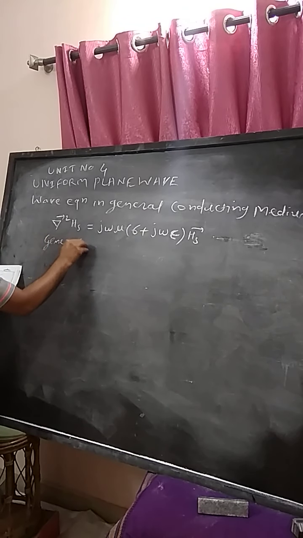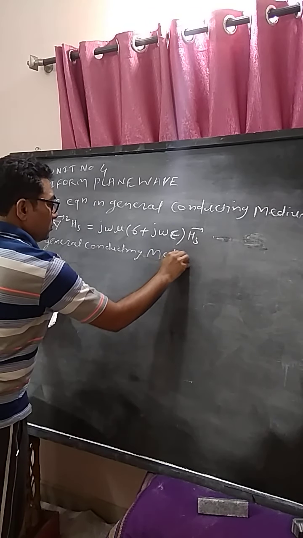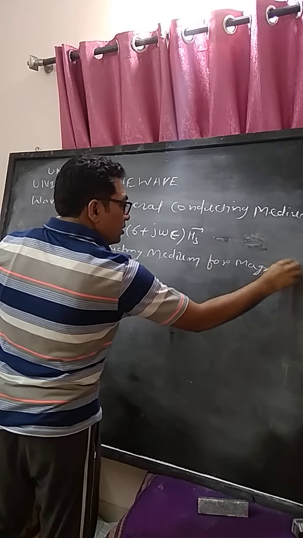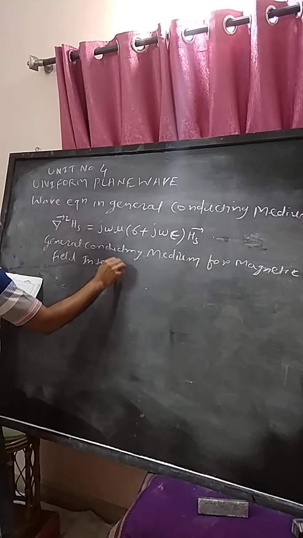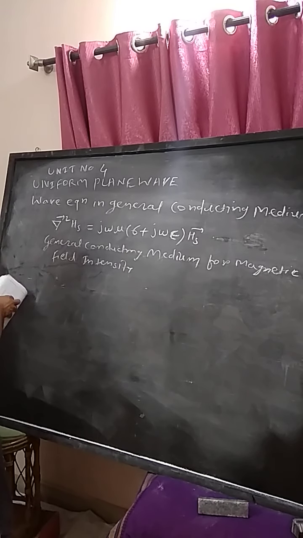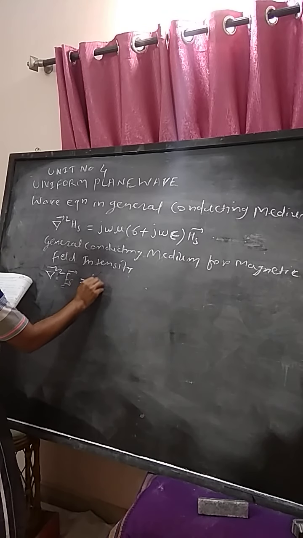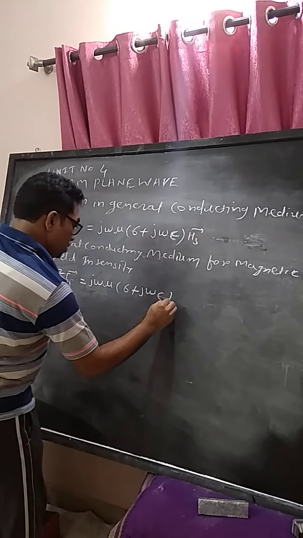And the other equation is the wave equation in general conducting medium for electric field intensity, that is curl square Es equal to j omega mu sigma plus j omega epsilon into Es.